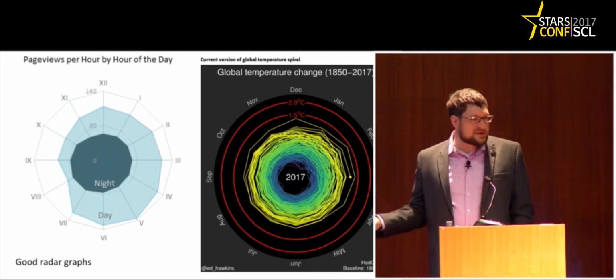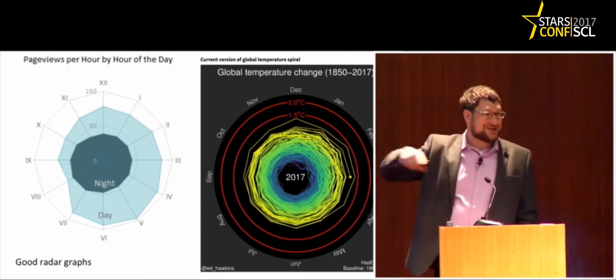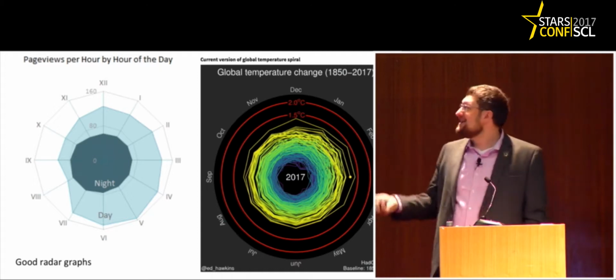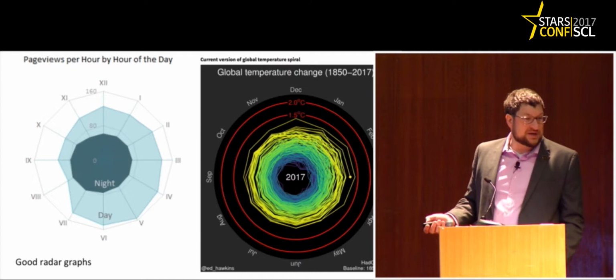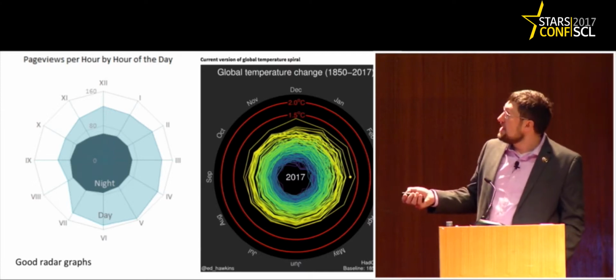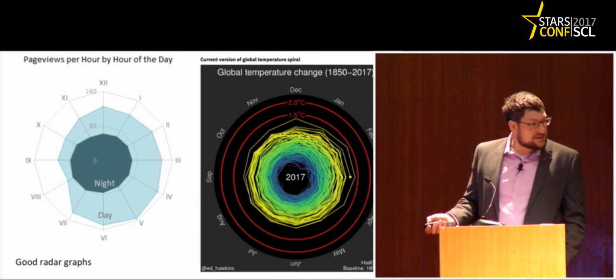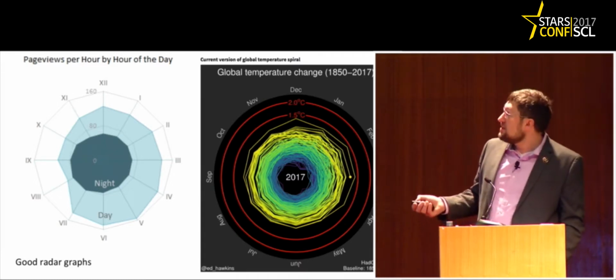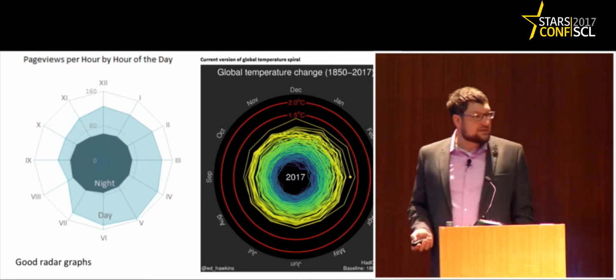It could be number of posts on Twitter or Facebook, something like that. And because time goes around in a circle, cyclically, it's okay to show my data going around the same way, going around in a circle. This can be very useful to say, oh, the first part of the morning, there was a lot of traffic, and then around 8 o'clock in the morning, 9 o'clock, 10 o'clock, not so much. Pretty useful. Also, lots more in the day, not so much at night.